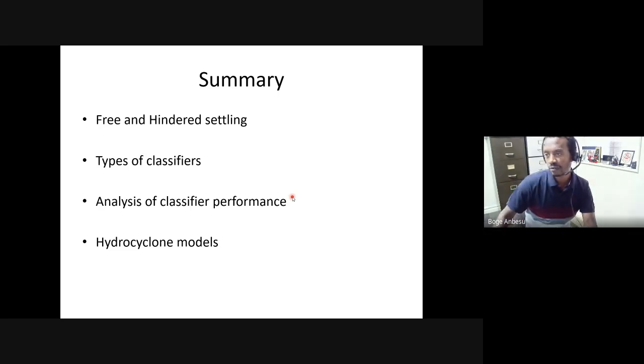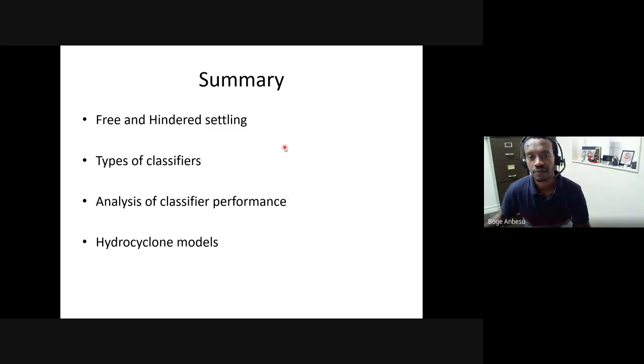Whatever condition you have, you could work in free settling condition or in hindered settling condition. The main point is that for whatever condition you are working at, you need to pick a condition that suits the operation and also the equipment that you are working with.